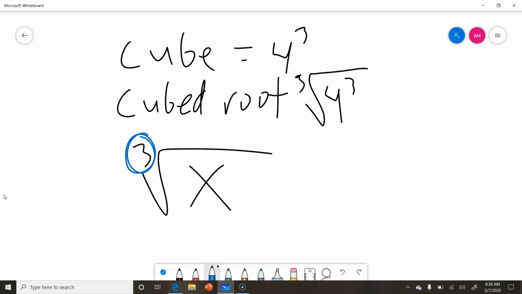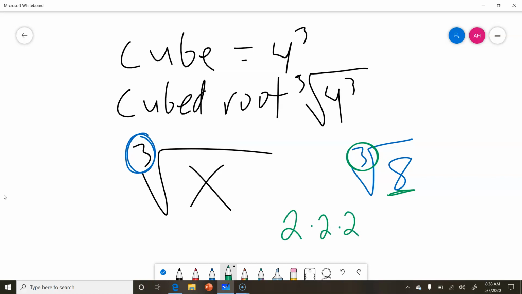Now, to find something that's cubed, let's say that we had the number 8. We say, what is the cube root of 8? And this is the best way I think that I can explain it, is to give an example. What's the cube root of 8? It means what number times itself 3 times, 1, 2, 3. Square root is only, remember, 6 times 6 equals 36.